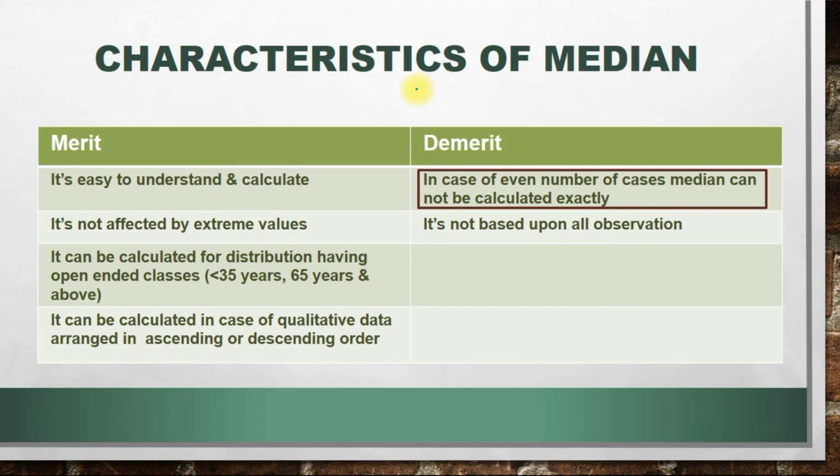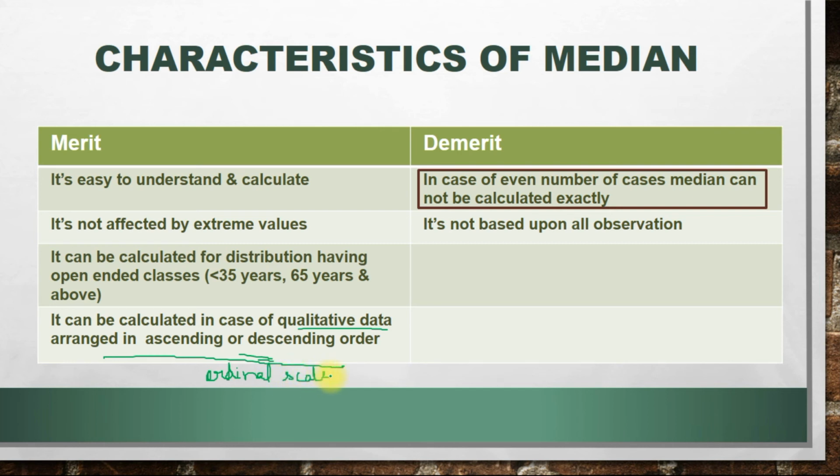Now come to another merit, which is that it can be calculated in case of qualitative data arranged in ascending or descending order. So yes, in qualitative data, if we have order, that means we are talking about ordinal scale. In data types I already talked about ordinal scale.